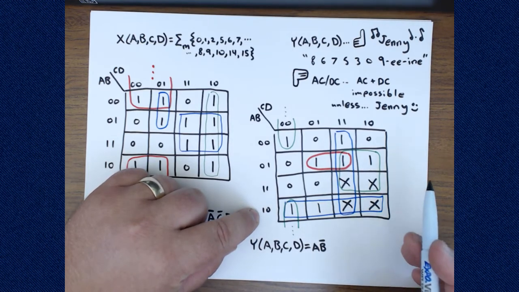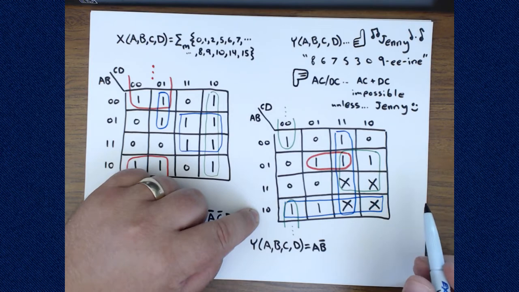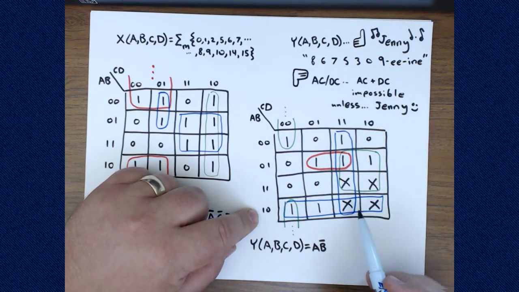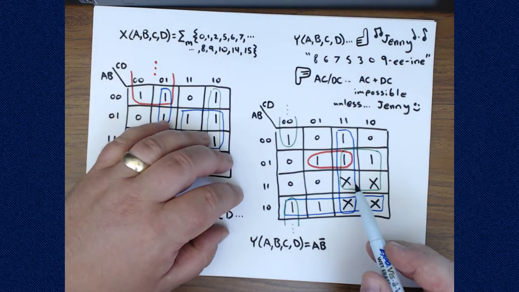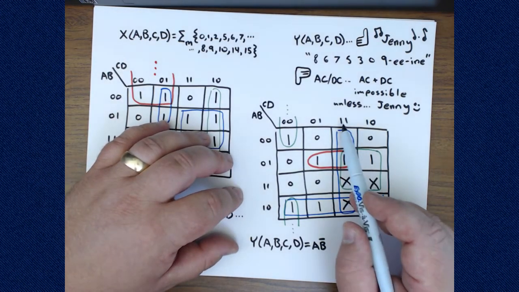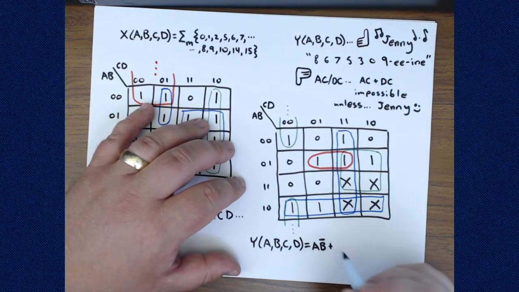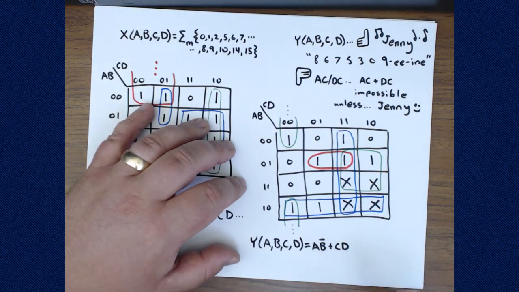And C and D don't matter because it goes across all columns. For the vertical blue one, A and B won't matter because it crosses all rows. But C needs to be a 1 and D needs to be a 1. How ironic that DC ends up in our final expression. C is a 1, D is a 1. It's so perverse. I've written backwards.